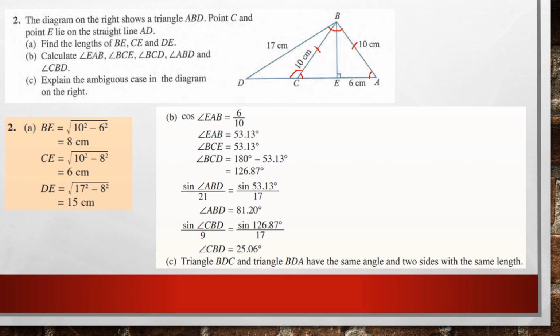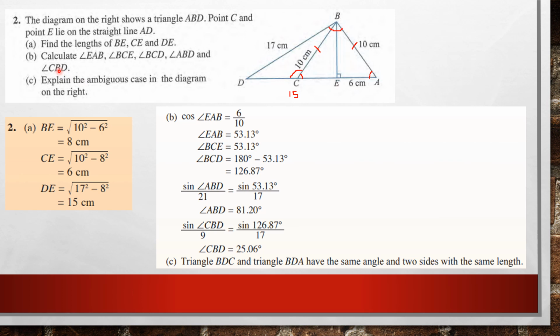We just find it because we know that DE is 15, so 15 plus 6 is 21. That's why sine ABD over 21 equals sine 53.13 over 17, the pair, angle A and the opposite length 17. So we solve this, we get angle ABD equals 81.20.